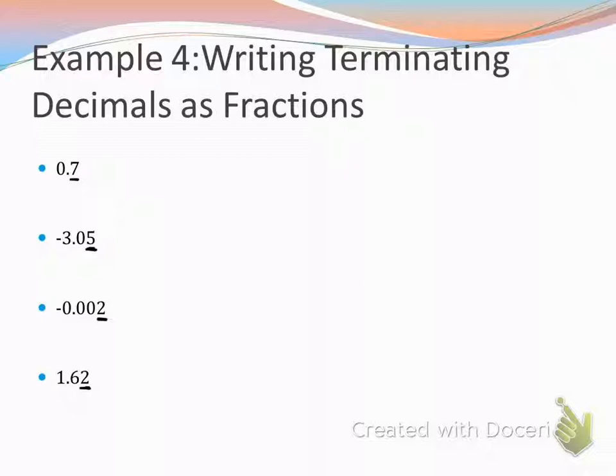So for the first number, what place is the 7 in? It's in the tenths place. Okay, so 10 is going to be my denominator, and whatever number is in my decimal, that number is going to be in my numerator.